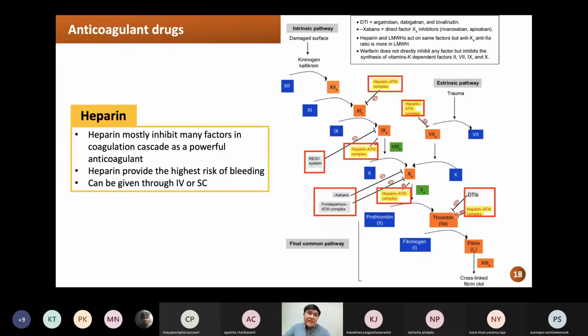So if the patient has some problem, like a rupture, it can eventually cause excessive bleeding, and we cannot stop it unless we have an antagonist, like vitamin K or something like that. And heparin can be given intravenously or subcutaneously, depending on the doctor's consideration.